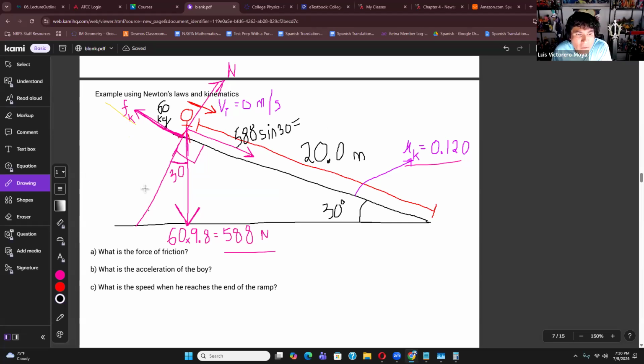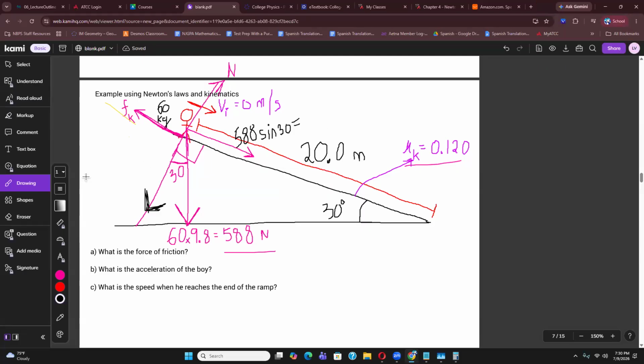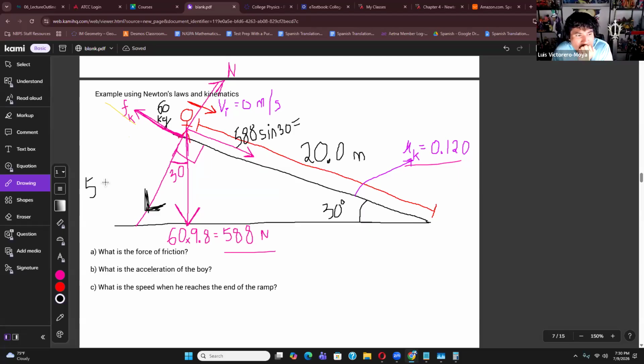What about this one here, though? What is this? I'm breaking the weight into components. I got 509.2. 588 cosine 30, right? So in the chat, they're telling me that this is 294.